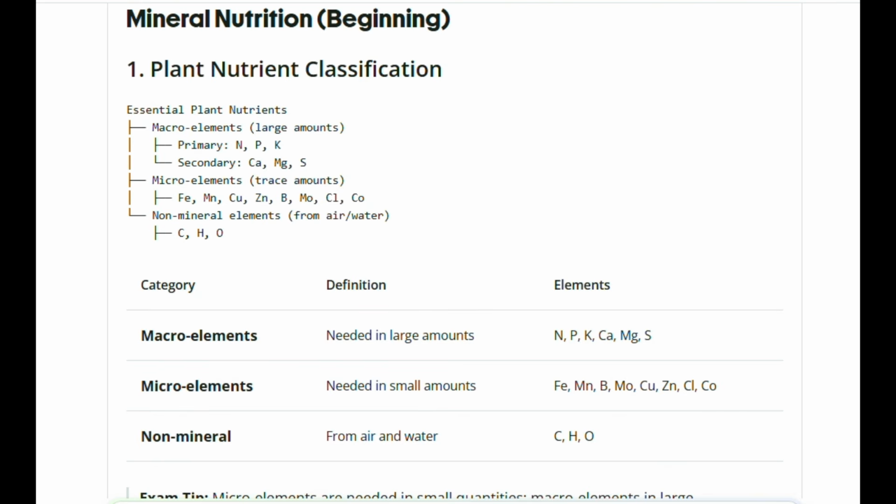Then we have micro elements: Fe, Cl, Zn, Mn, B, which I think is boron, Cu, and Mo.